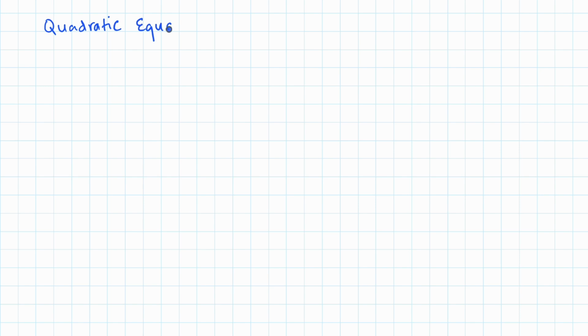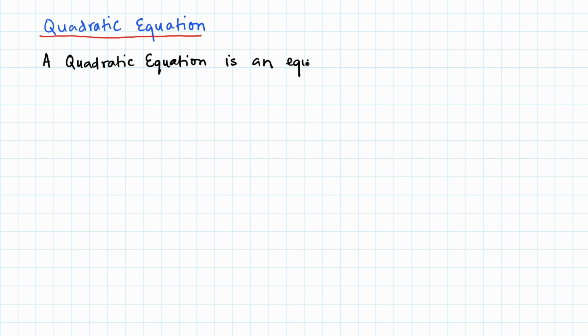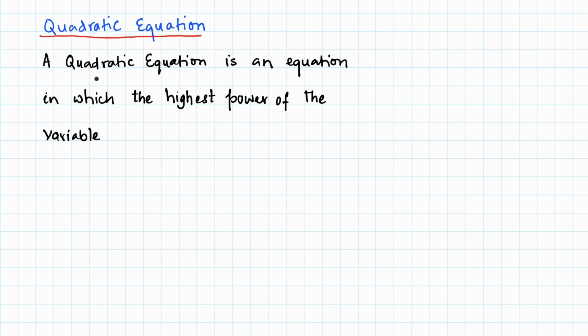We first need to understand the concept of the quadratic equation. What is the quadratic equation, and what is the nature of the equation? A quadratic equation is an equation in which the highest power of the variable is 2.